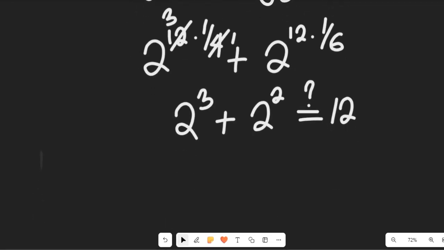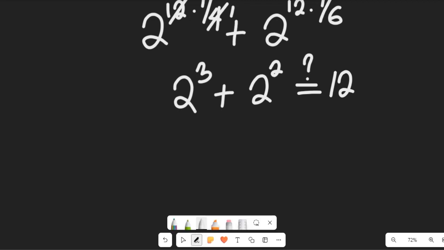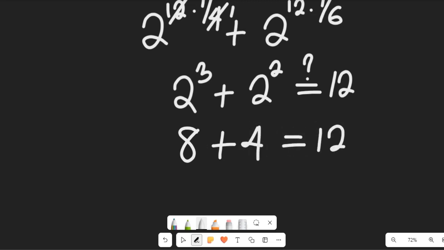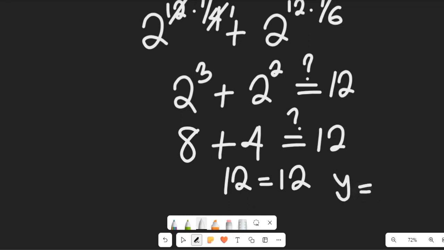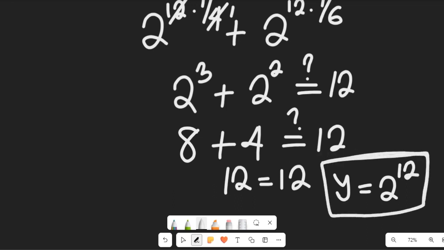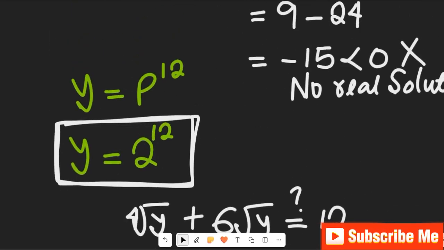Let's find out. 2 to the power of 3 is 2 times 2, 4 times 2, 8, plus 2 to the power of 2 is 4. So 4 plus 8, is it going to give us 12? Yes. So 12 is equal to 12. That simply tells us that the value of y equal to 2 to the power of 12 is the only real solution that satisfies that expression given to us up there.